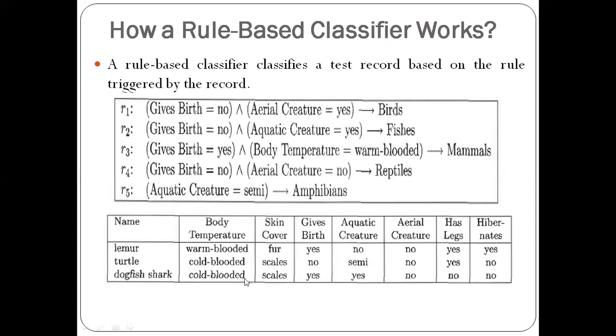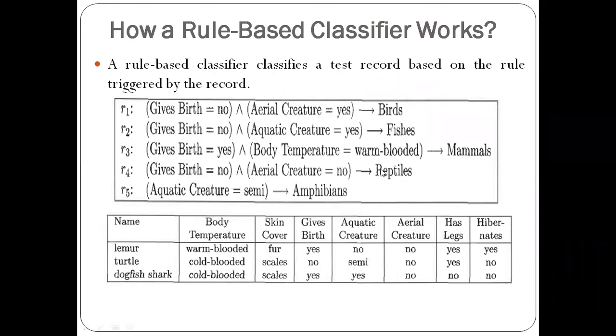At that time we must have some solution so that we will be able to assign at least one class to the record. So we have got two problems here. One problem is for the second test record, that is the turtle. Here it is going to trigger both the rules, R4 and R5.